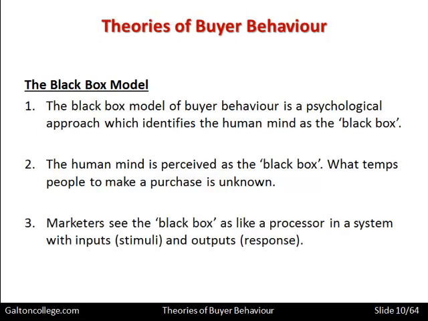Marketers see the black box like a processor in a system with inputs, stimuli, and outputs, responses. So we are like a processor in a system. We have inputs. These are the factors that impact upon us and upon our thinking, and the outputs, the way we respond to the inputs.